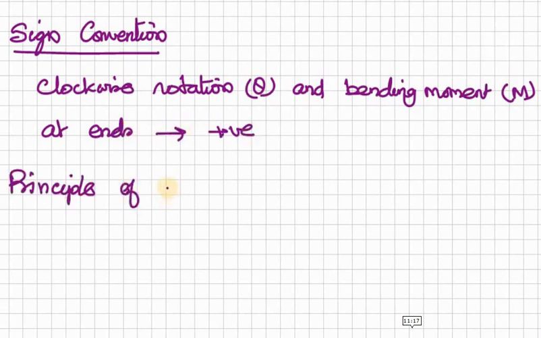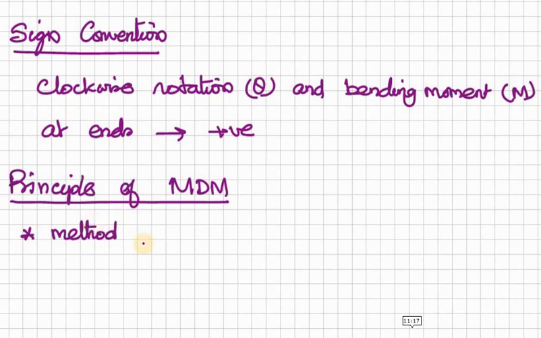Now the principle of the moment distribution method: it begins by assuming each joint is fixed initially.